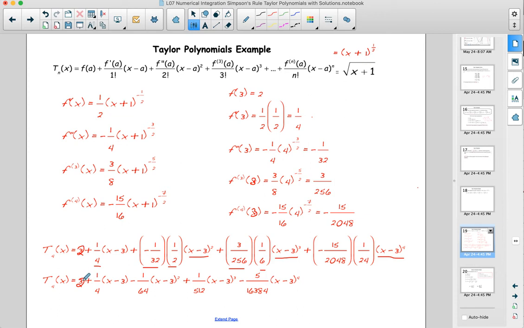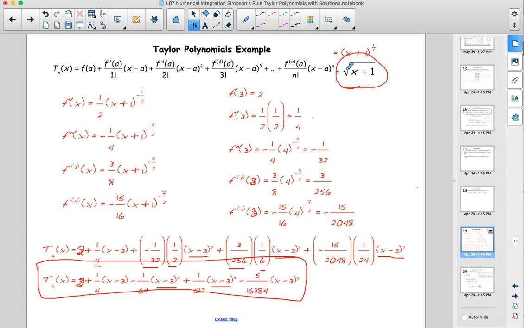Simplifying and cleaning up, we get 2 plus 1/4 times x minus 3, minus 1 over 64 times x minus 3 all squared, plus 1 over 512 times x minus 3 all cubed, minus 5 over 16,384 times x minus 3 to the power 4. So that is the fourth order Taylor polynomial for this particular function.